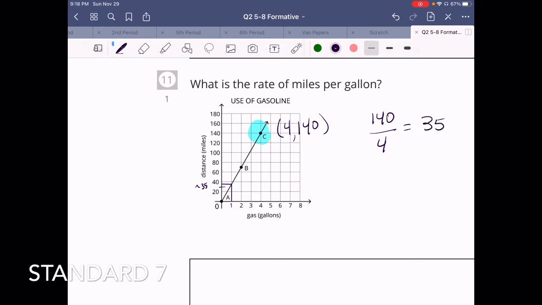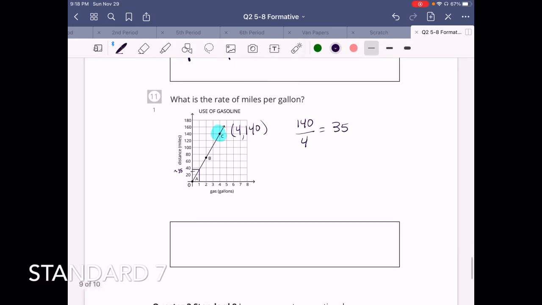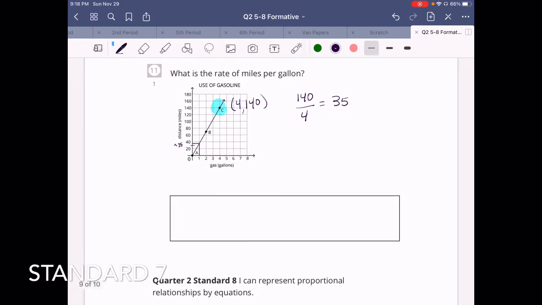Okay, so the actual unit rate is 35. Remember, y miles, the word per, x value, gallons. 35 miles per gallon. Okay.